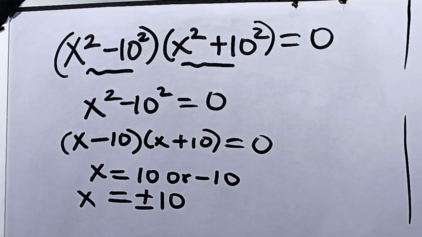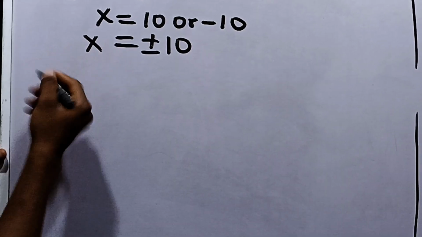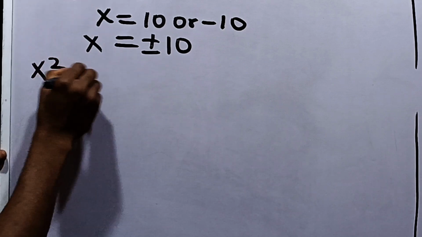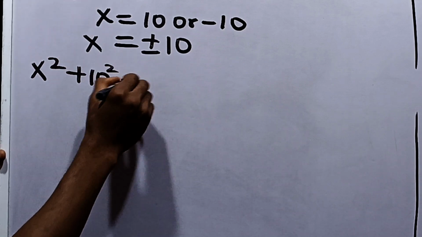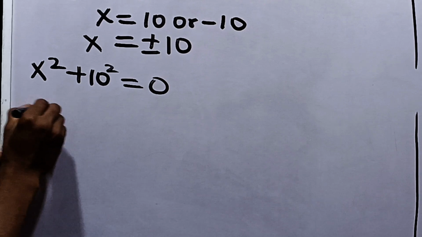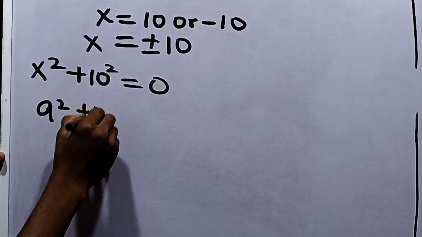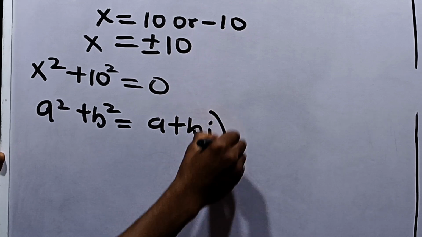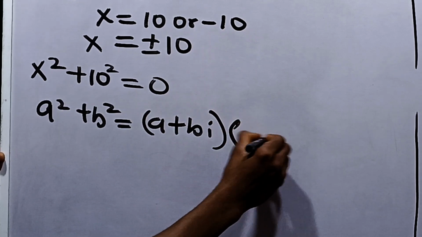So for our x2, okay, we're going to have our x3 and x4, because this is two values. We're going to have that x squared plus 10 squared is equal to 0. Okay, we use the sum of two squares. So we have a squared plus b squared to be equal to a plus bi multiplied by a minus bi.